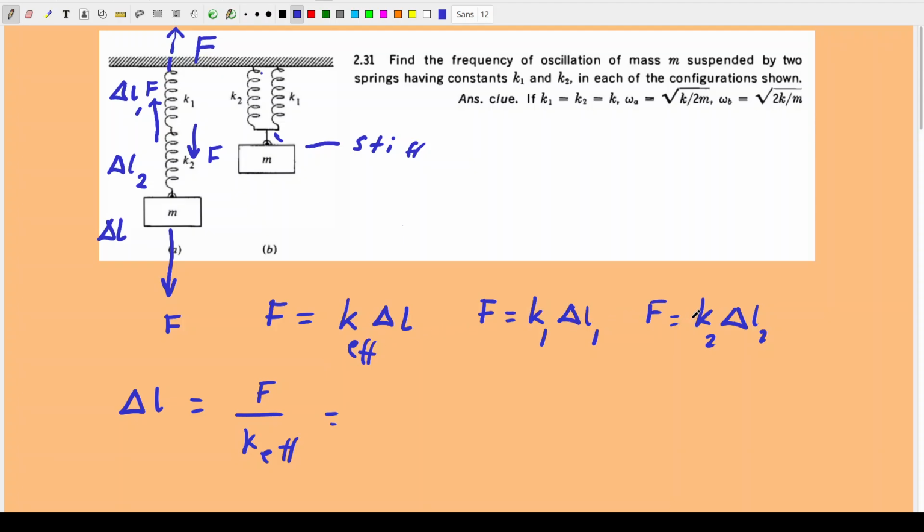So from those equations we get F divided by K1 plus F divided by K2. And this is equivalent to 1 over Kf equal like this.